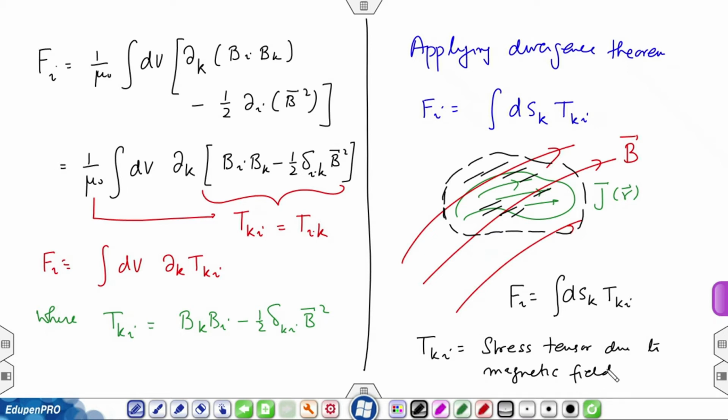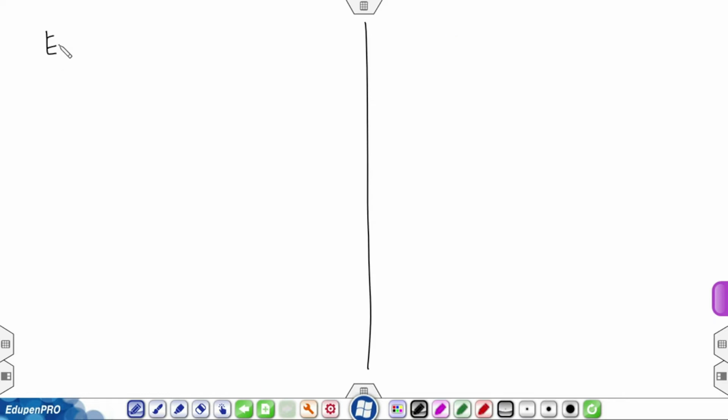And let us now solve an example applying this concept. Example.